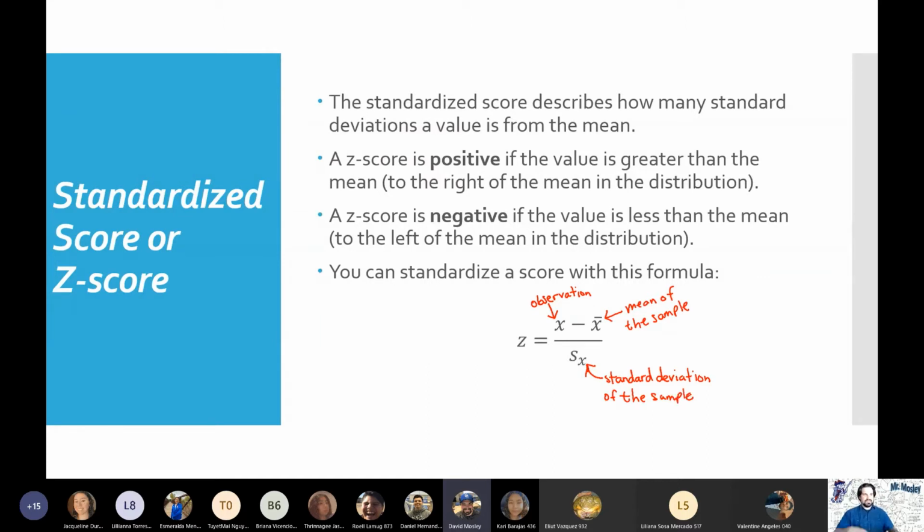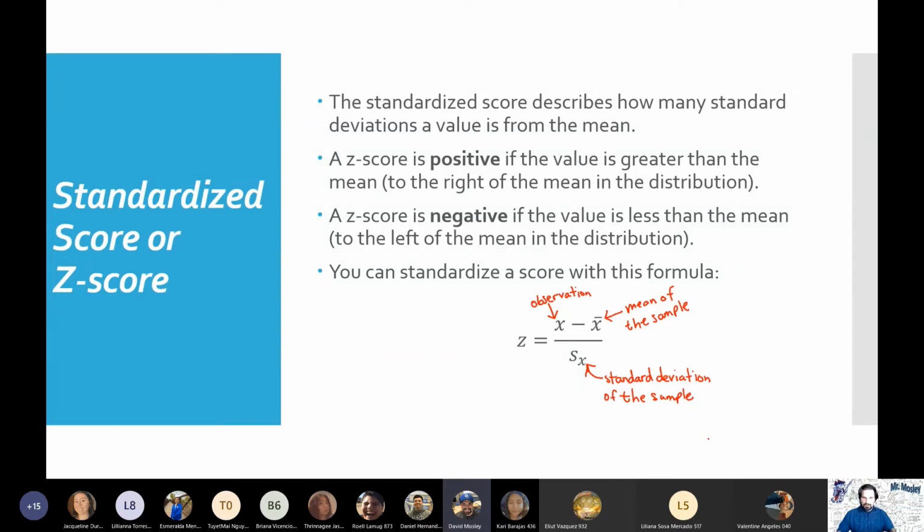And we have to say that the x bar and the s sub x are from a sample, because that's what those notations mean. It means that this data is a sample from the population. So we have the sample mean and the sample standard deviation.